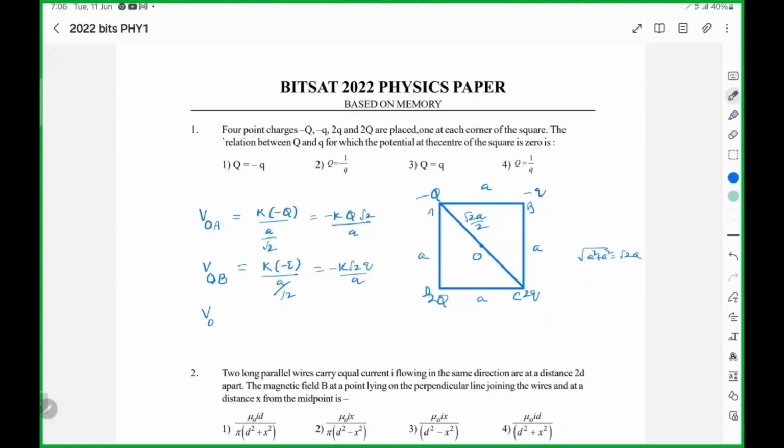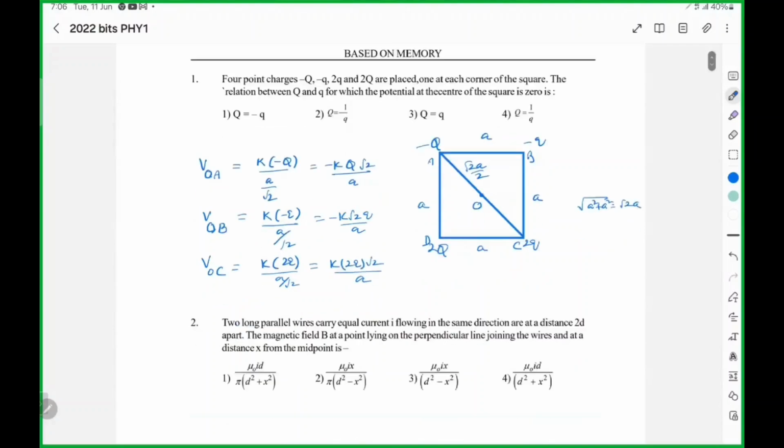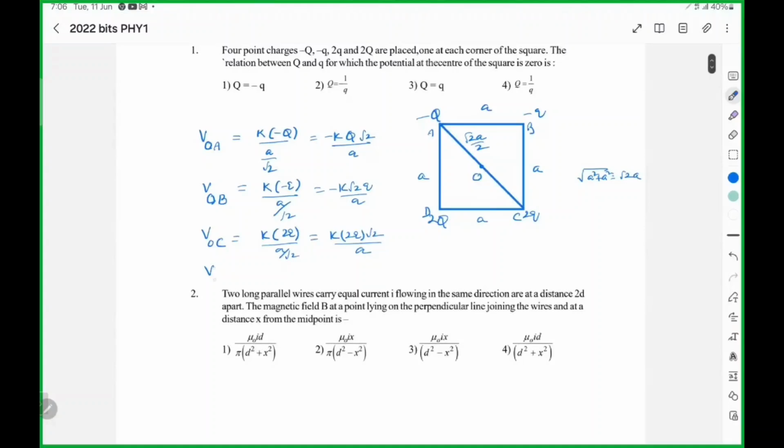Potential at O due to the charge present at C will be k into 2q by a by root 2, that is k 2q into root 2 by a. Potential at O due to the charge present at D will be k into q by a by root 2, that is k root 2 q by a.